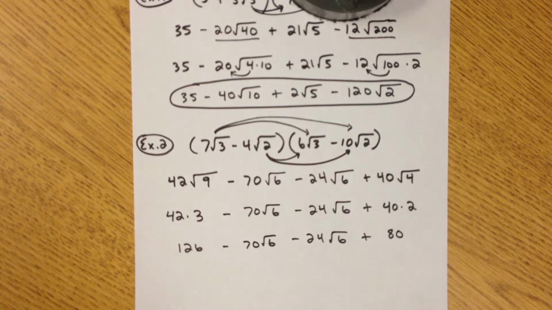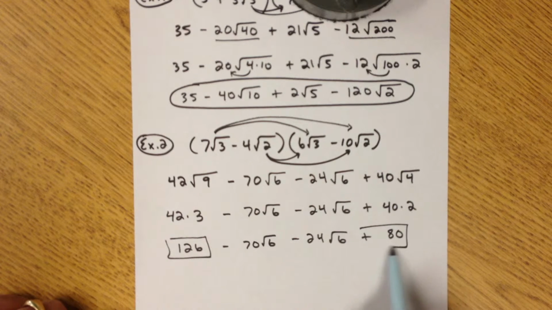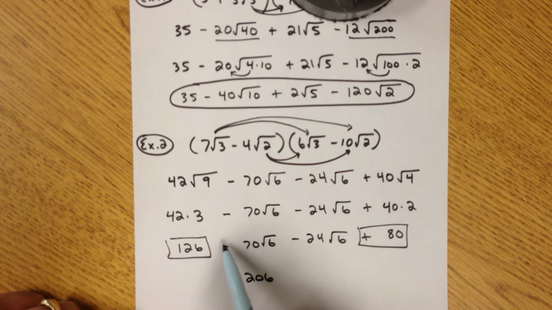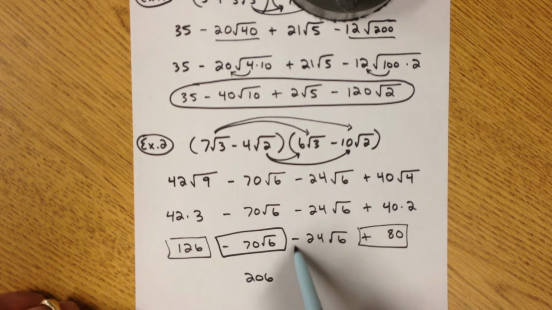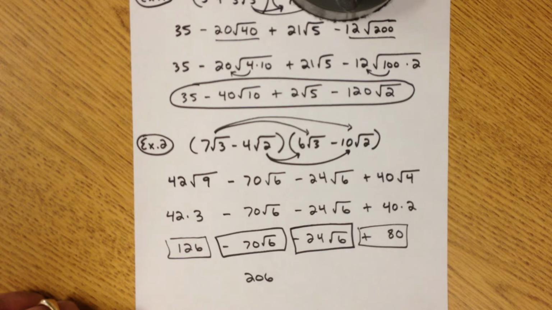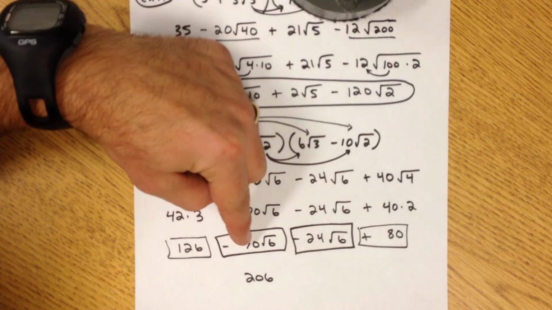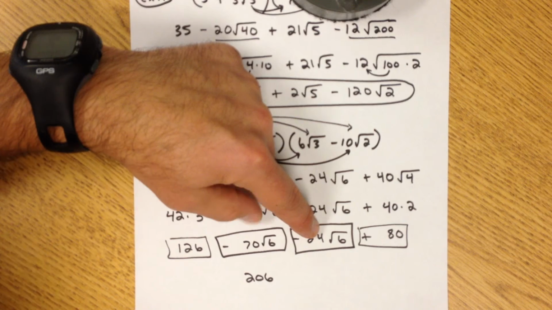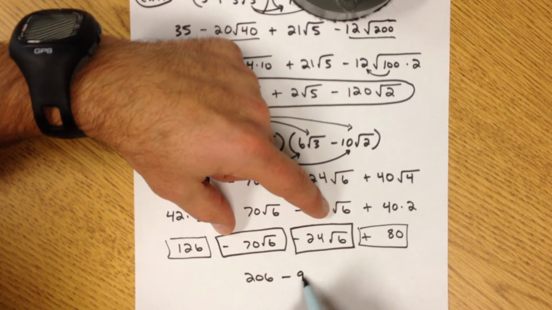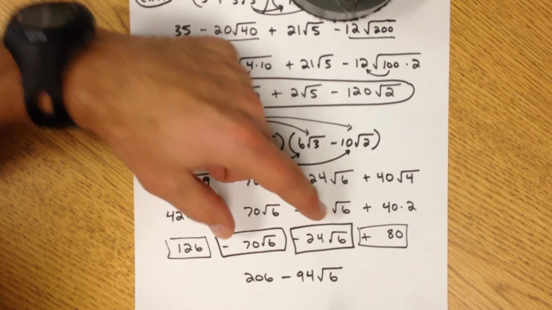So that's 80. Okay, now I can collect these two to get the 206. But I can also, since these are both radical 6, negative 70 minus 24 is a negative 94 radical 6.